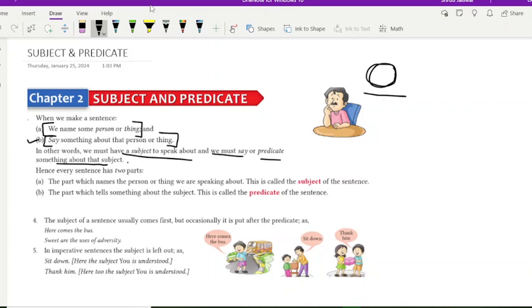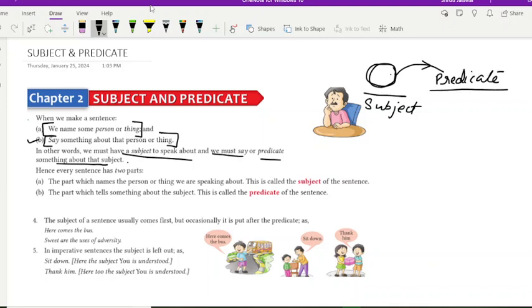We have this thing, this is known as subject, and we need to speak something about the subject. And we have to predicate something. We must say something about the subject. So, in case we have to say or predicate something about the subject, that is known as predicate, right?